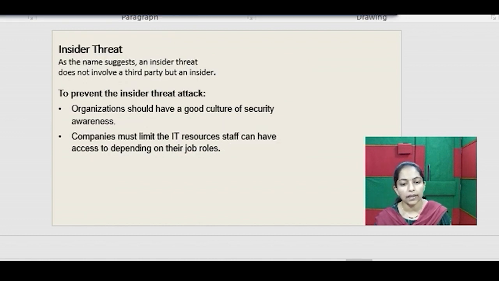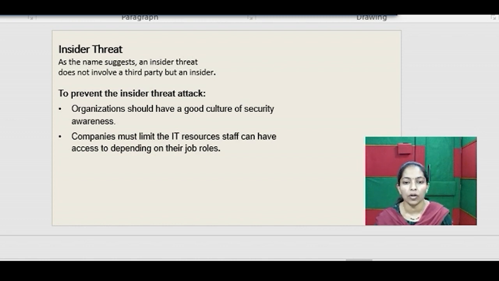Next is the insider threat attack. As the name suggests, an insider threat doesn't involve a third party but an insider. It could be an individual from within the organization who knows everything about your organization.